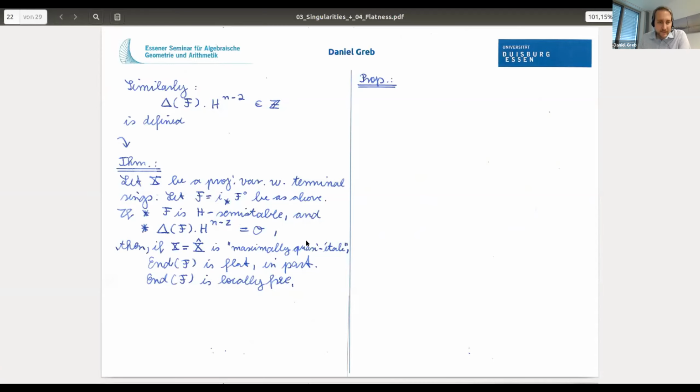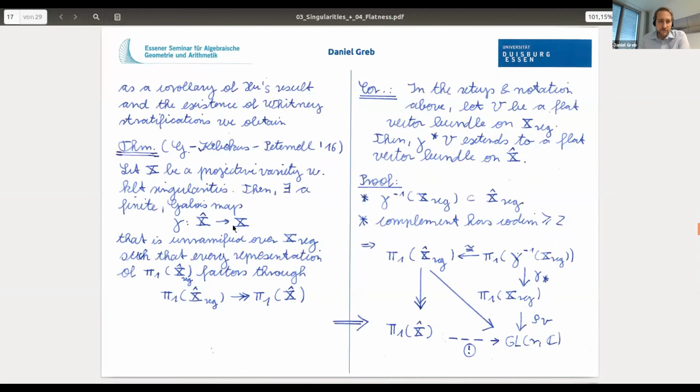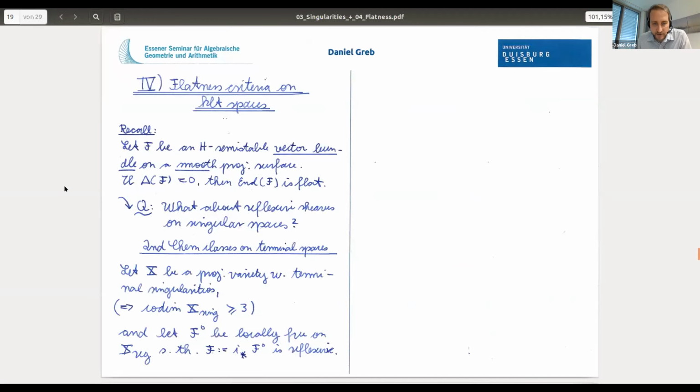Then, if my space X is the same as this X hat, which I produced using, so this is the global version of this result of Chu. Let me go back. This is the last result I explained. For every X, there is this X hat, which has this property that the fundamental groups are almost the same, at least as far as representations are concerned.